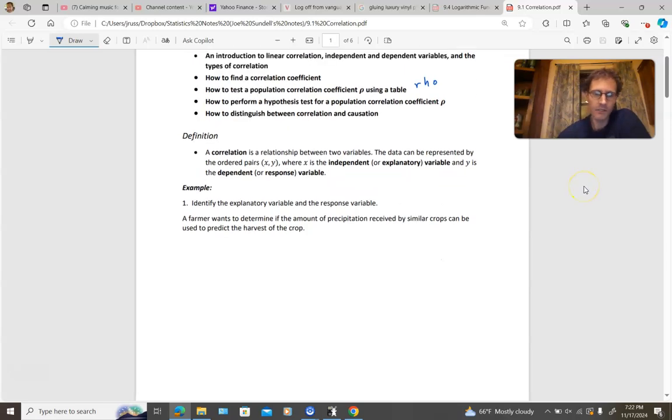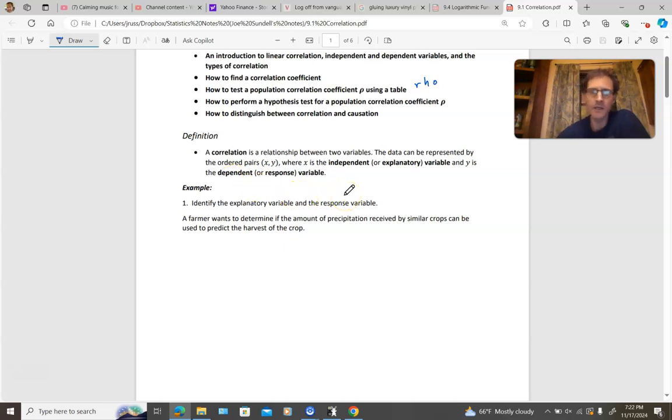All right, well, let's look at this first example. It says identify the explanatory variable and the response variable. This is just terminology that reflects the same thing. Okay, instead of calling a variable the independent variable, you can call it the explanatory variable. And then instead of calling it the dependent variable, you call it the response variable.